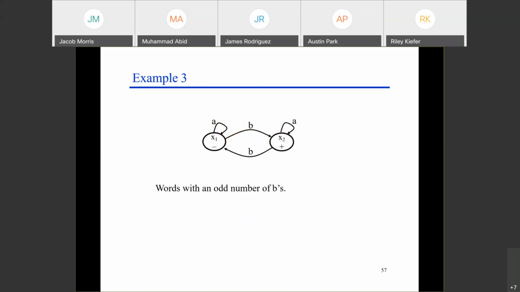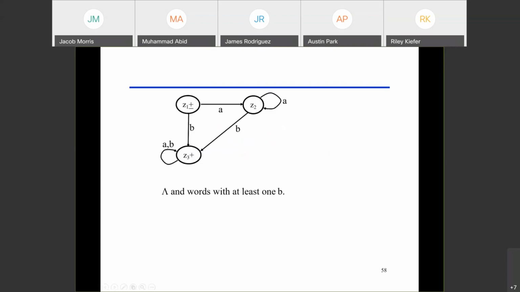Means 1, then 3, 5, 7. So always an odd number of B's. It can have as many A's as it wants. So then this is again a new FA. If you want to apply R star on that, you will get something like this.